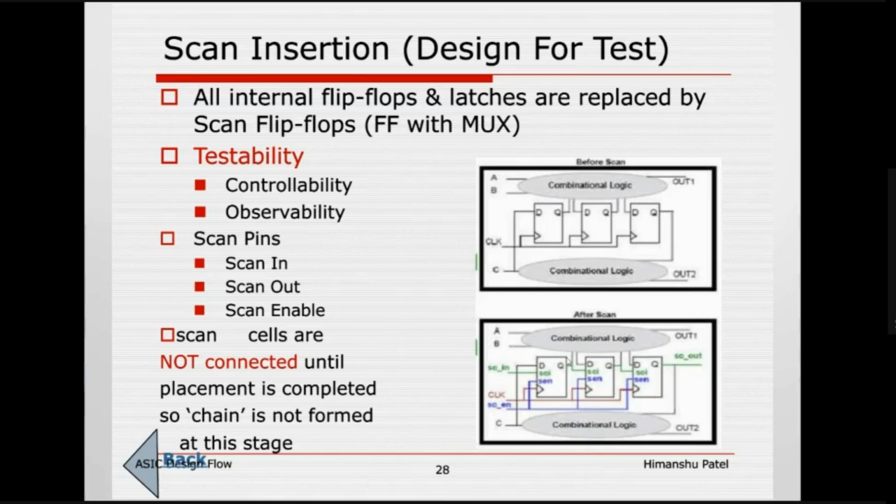Through the same scan input, you have given a value to the combinational logic, and the logic has given out a value, and that has to be captured again properly without any issues. Then that means you have observability on that particular node.